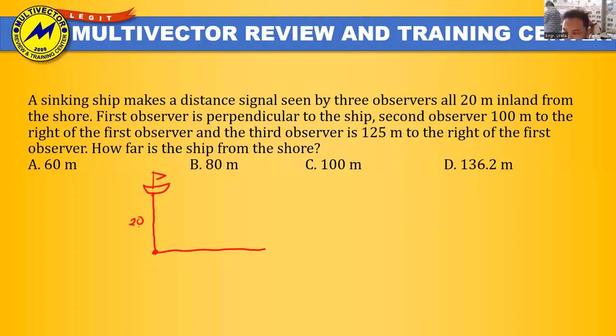The second observer is 100 meter to the right of the first observer. So ito yung first observer natin. Yung second observer natin nandito, which is actually 100 meter to the right nung ating first observer. Then sinabi niya, the third observer naman daw is 125 meter to the right ng first observer.